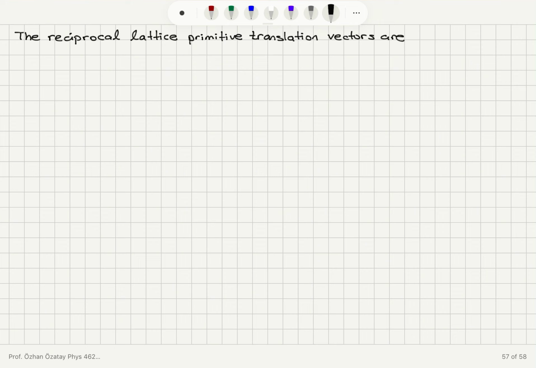These are the capital A vector, which is 2 pi multiplied with B cross C. Again, we're using the cyclic permutations. B cross C divided by A dot B cross C, which is 2 pi divided by the volume of the primitive cell Vc, B cross C. That is vector capital A, the first primitive translation vector in the reciprocal lattice.